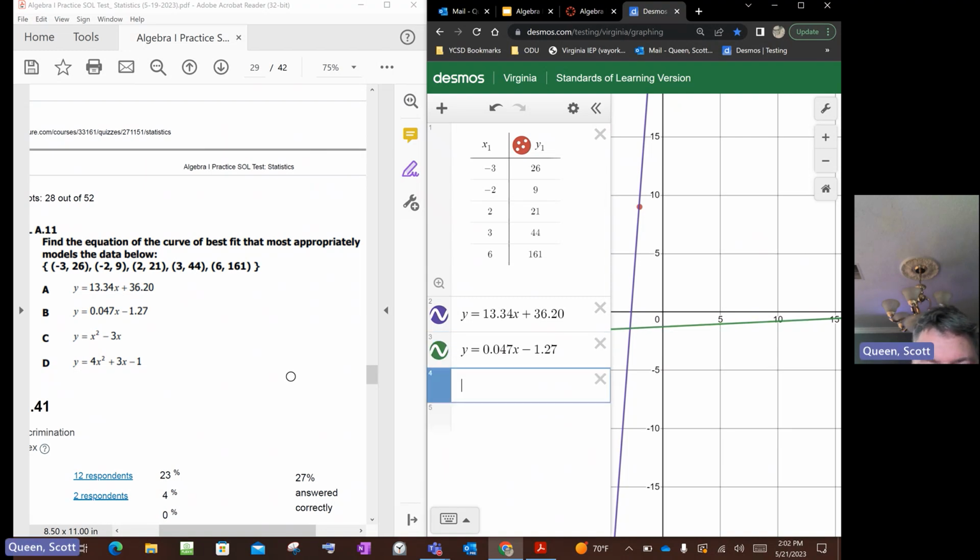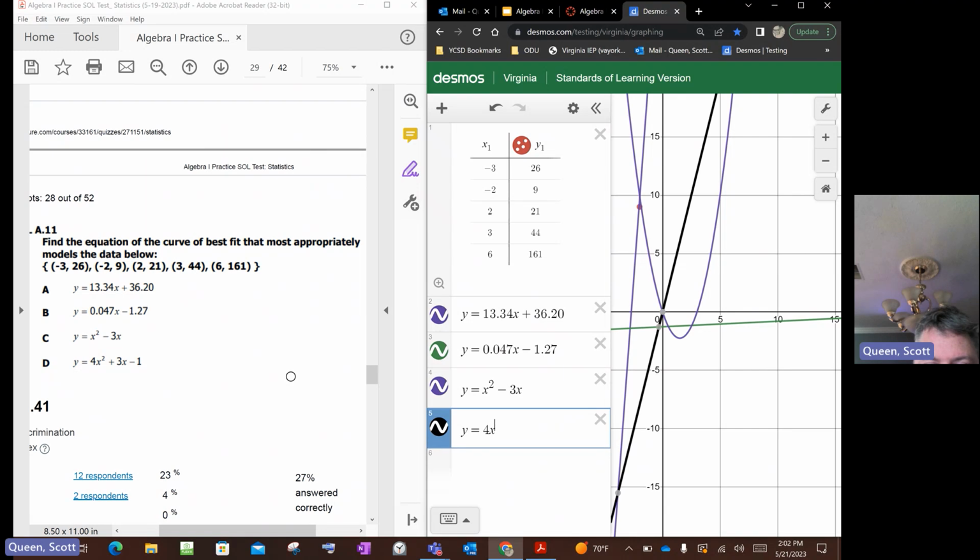You can already see things eliminate. Y equals x squared plus 3x. Oh, x squared minus 3x. My bad. That's why you double check yourself. And last, y equals 4x squared plus 3x minus 1.